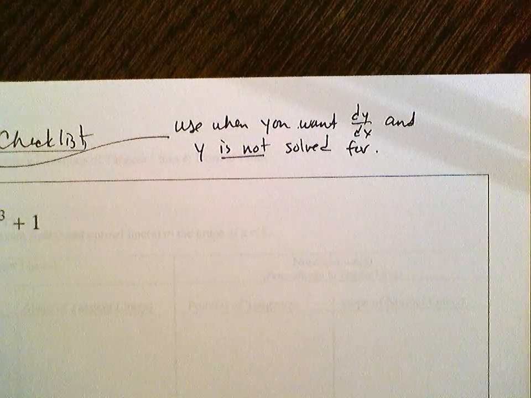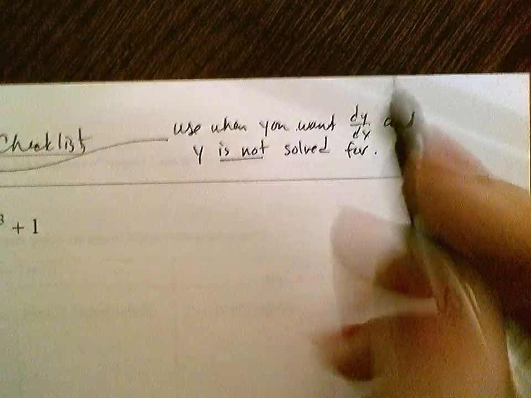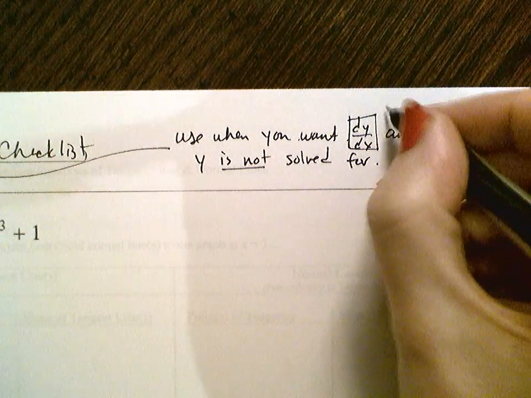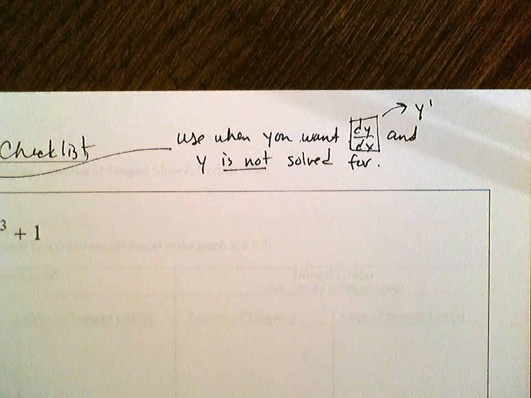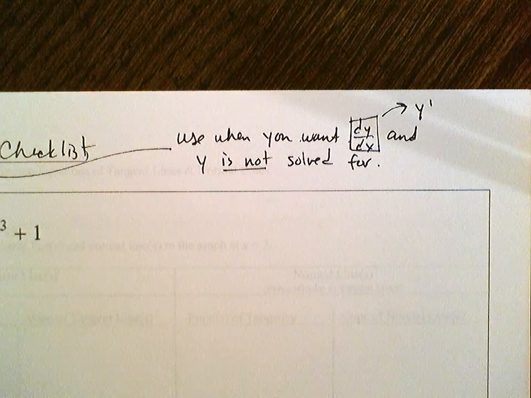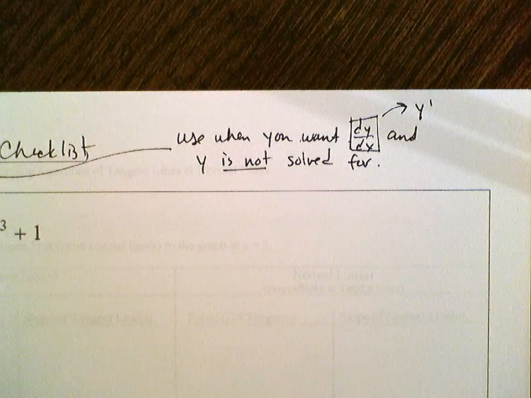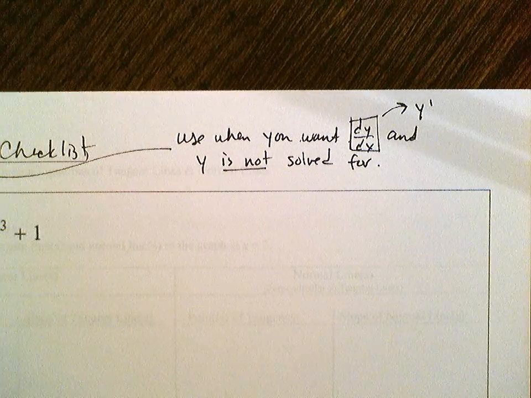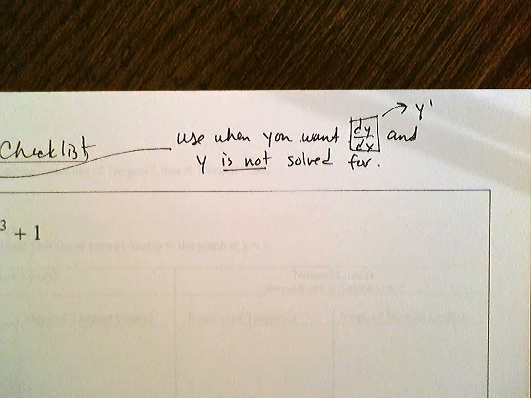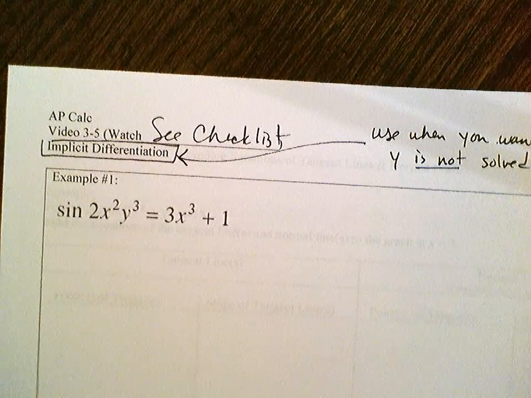And you use it when you want dy dx, which is another way of saying y prime, or the derivative of y, and y is not solved for. So you've got variables, all mixed together. The variable that you want the derivative of is not solved for. And this is when you use implicit differentiation. You just do chain rule on everything.